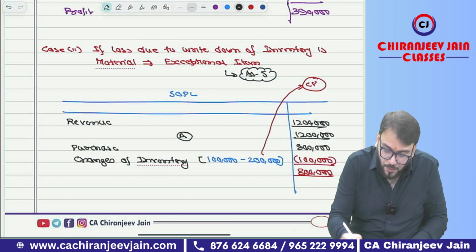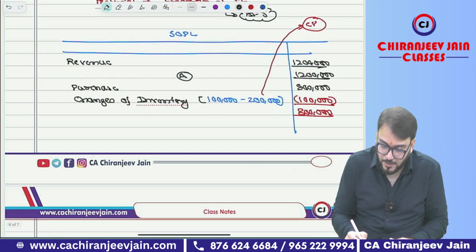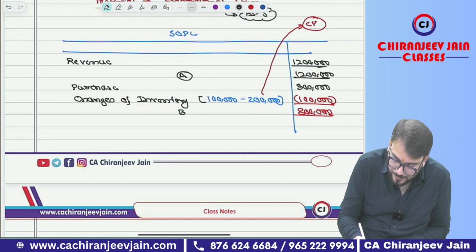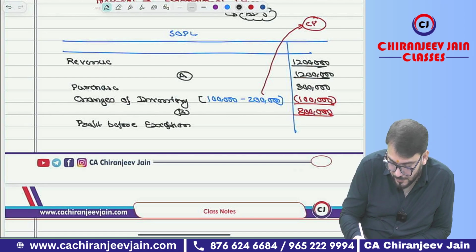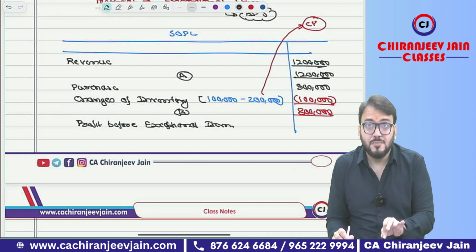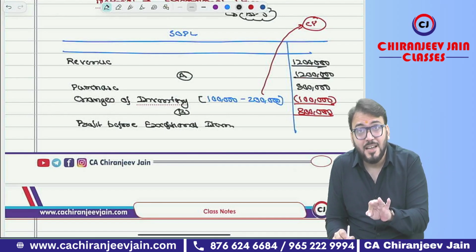Means actually your profit is how much? We write down profit. This will be, we will say, profit before exceptional item, coming soon. This everything we'll discuss in accounting standard.